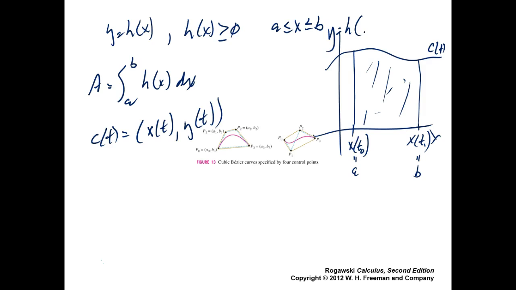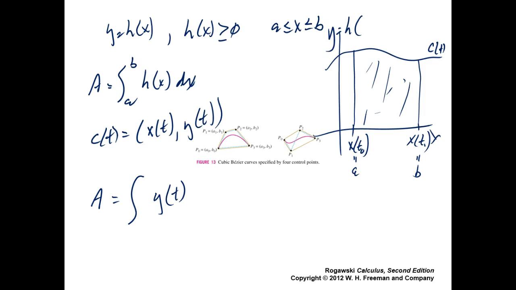We already know y is equal to h of x, so that's the y value. So this integral will become the integral of your h of x, which is your y. Y is a function of t.